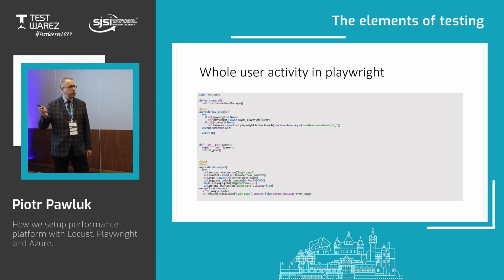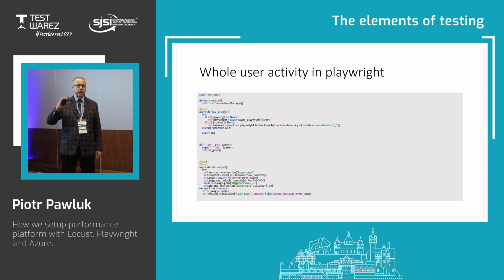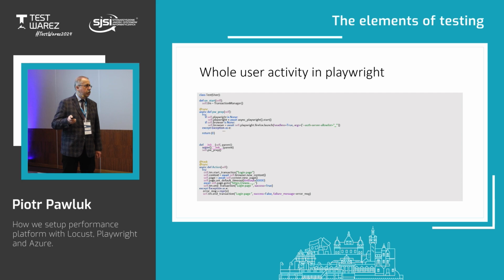It is not part of Locust, but then you can collect data. So you mark when you want to start measuring the time, and then you mark when you want to stop the time. If it is inside this try catch, it is a success. If it is outside, of course, we need to report an error, so it failed.